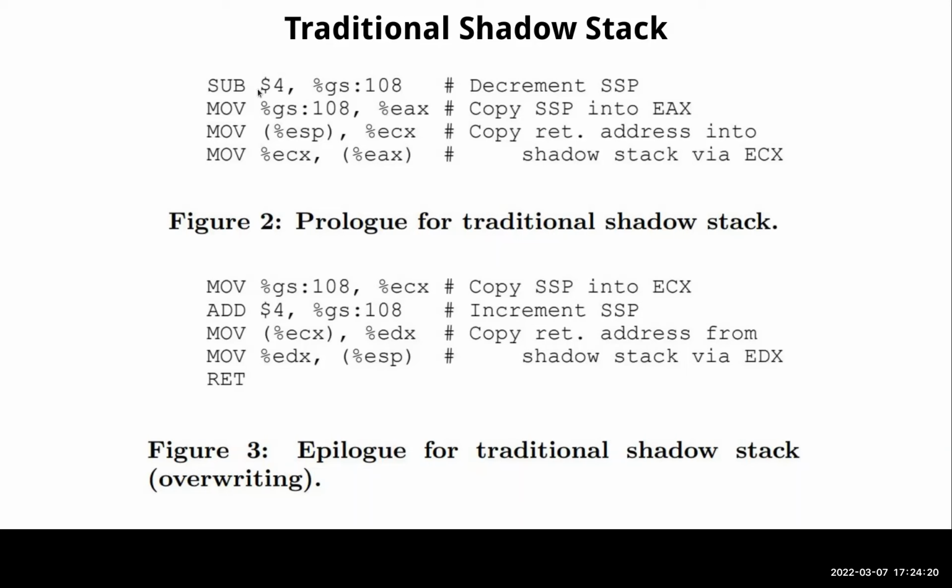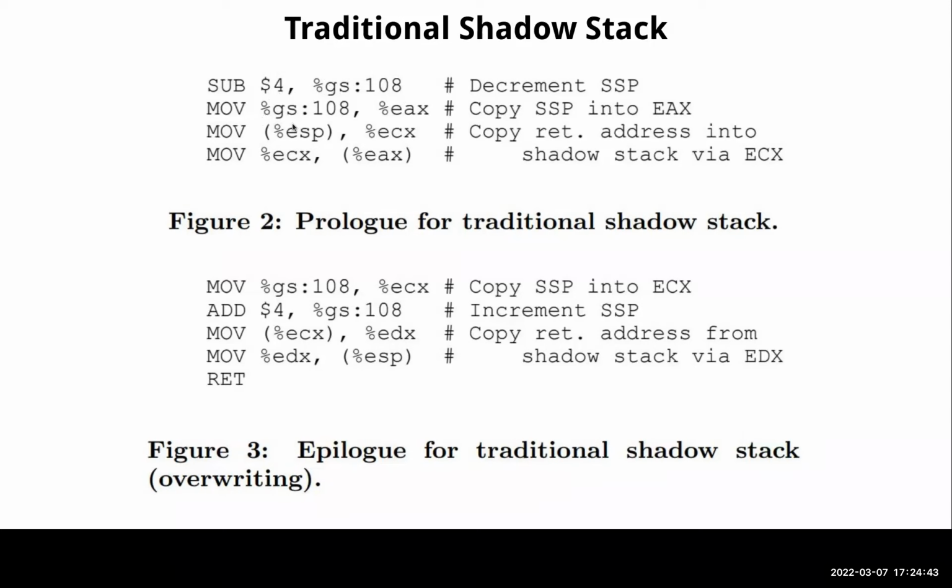Okay, so this is what we're going to do. We first subtract 4. Consider this whole thing as another pointer. This pointer points to our shadow stack's top. We're going to push something here. That's why we decrement this shadow stack pointer by 4 bytes. We're still talking about a 32-bit machine.